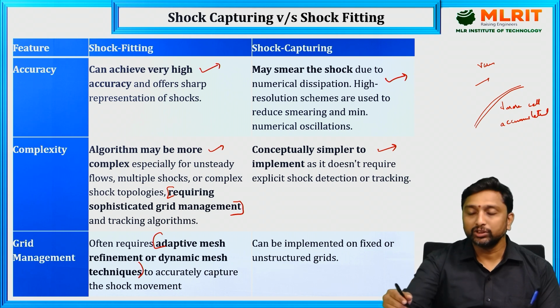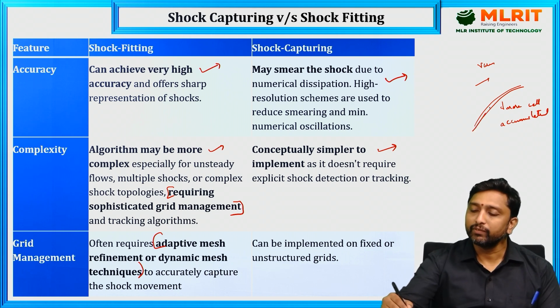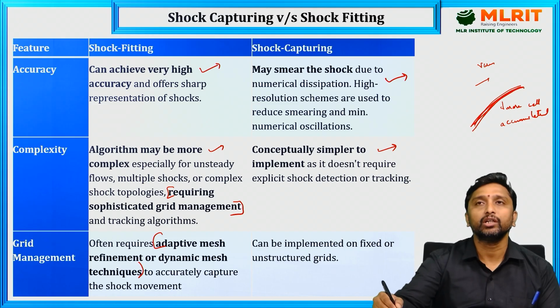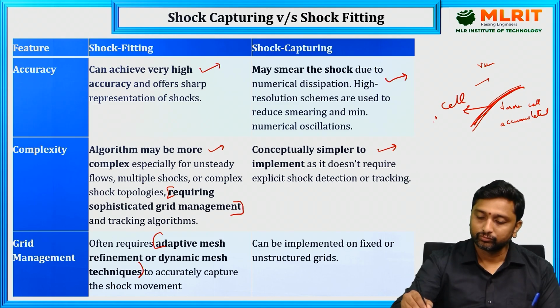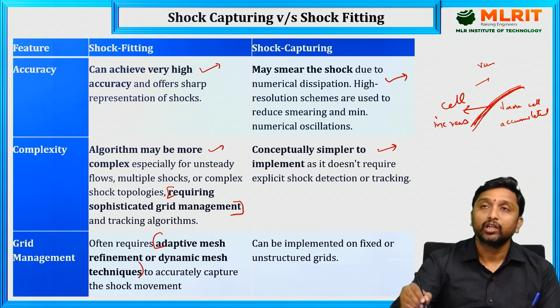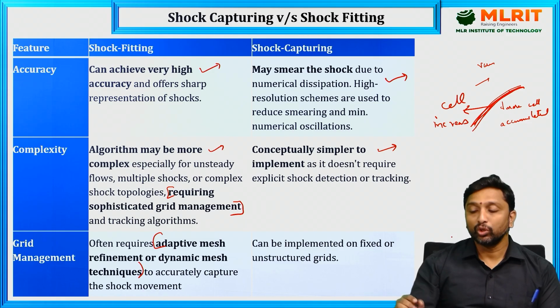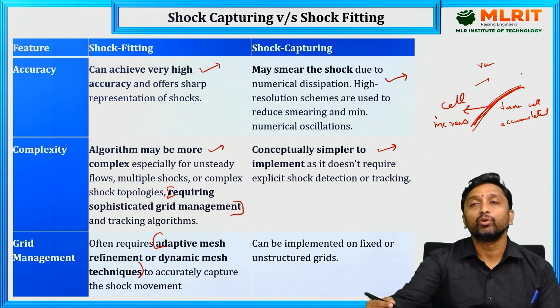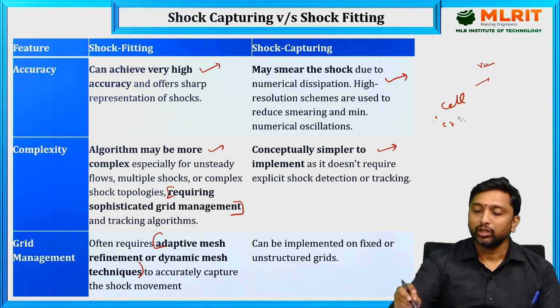So adaptive mesh is a technique which we will be discussing in later parts, but it signifies that if there is a shock formation here, then the number of cells here will be increased drastically. Because of that increase in number of cells, the accuracy of solution will always be high, because cells are placed only where required.